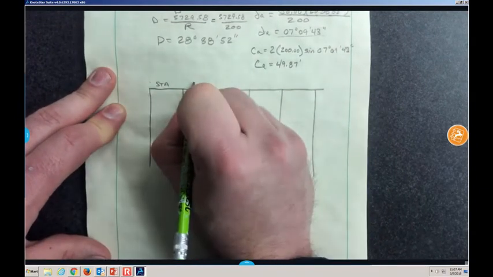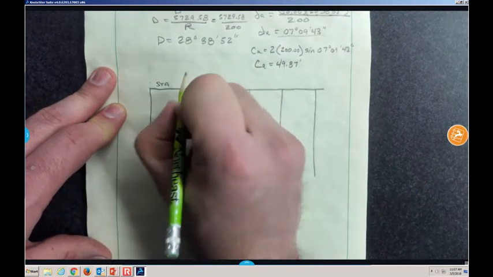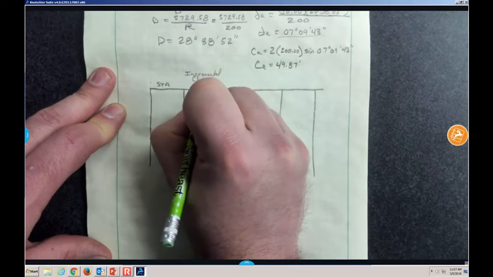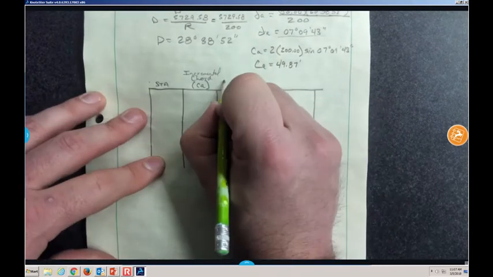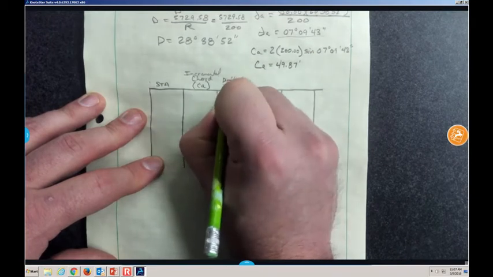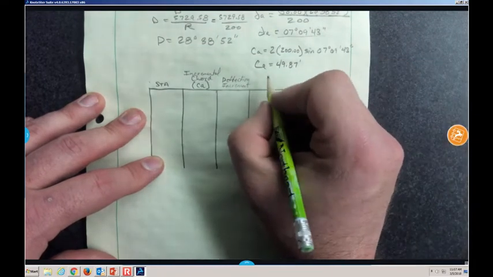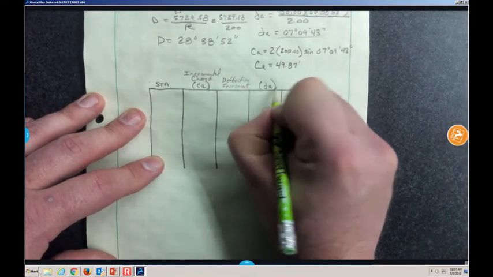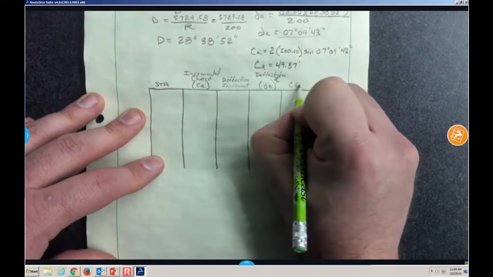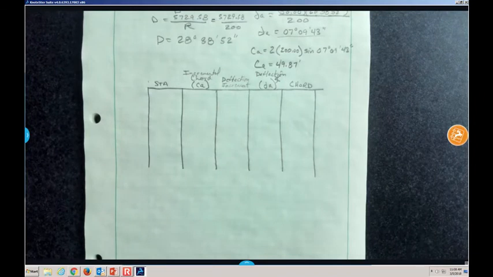Okay, then I'm going to have the CA, or the incremental chord. My deflection increment. And then my alpha A, which is the deflection angle. My chord for each subcurve from my PC. Okay?